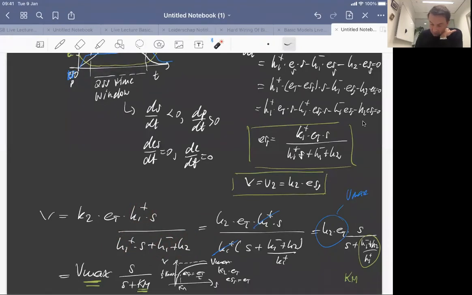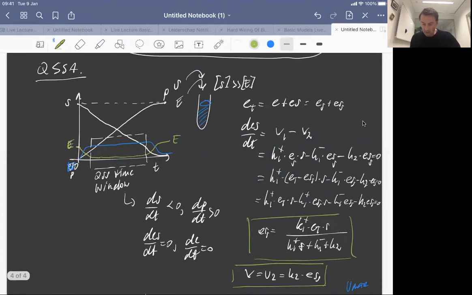So now we've really achieved what we've set out to do, and that's to write the rate of the enzyme in terms of enzyme kinetic parameters alone that can be identifiable from an experiment. And we could do this under the assumption that the concentration of S greatly exceeds that of the enzyme.